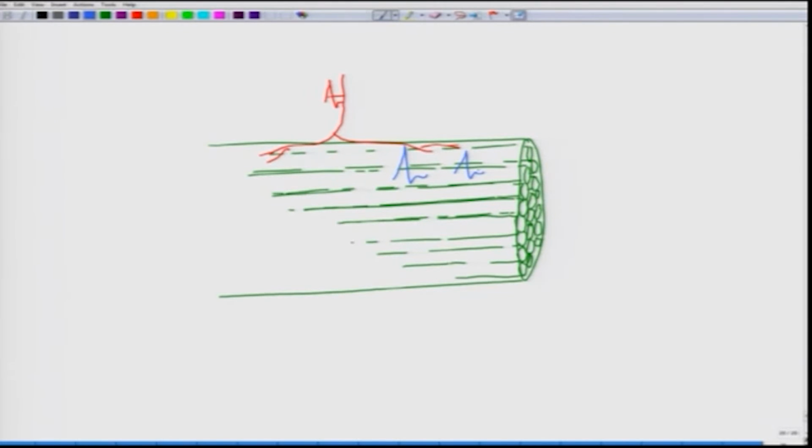Think of a situation, before I get into the details, of how the electrical signal could travel all the way into this, or how the contraction can happen all along this, because your connection is happening exclusively out here. So how is it getting transmitted? That is where the significance of the action potential generated by the muscle comes.